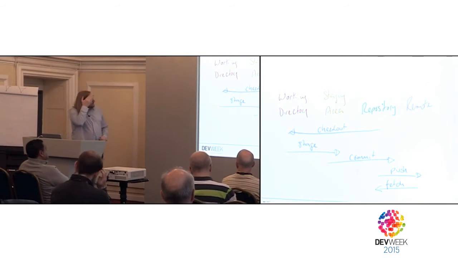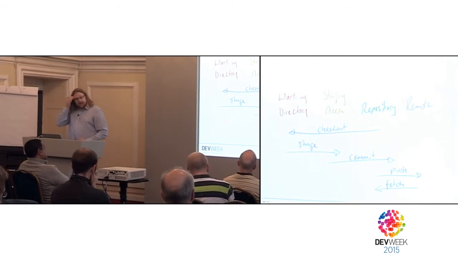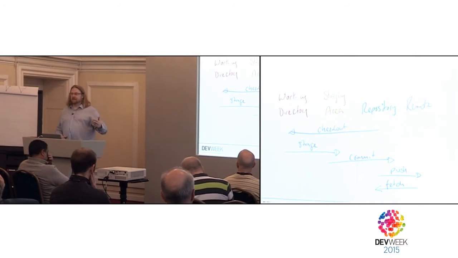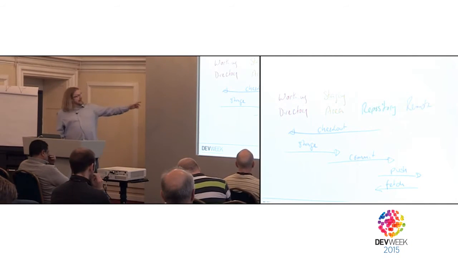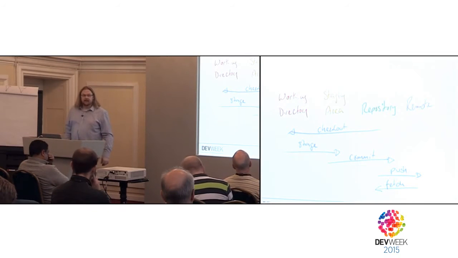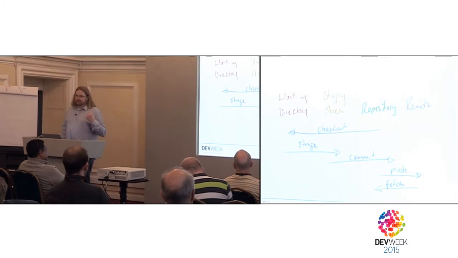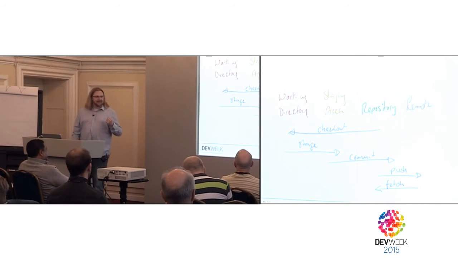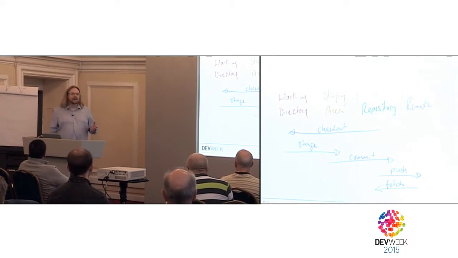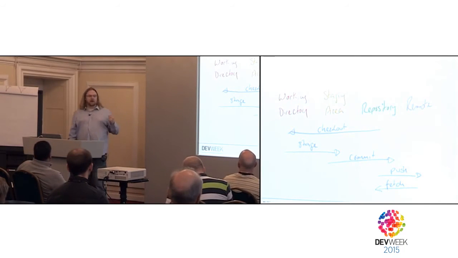So, just quickly going back to this, there's only a couple of things you really need to know from the perspective of working with the remote. Adding to our checkout, stage, and commit, we now just need to be able to push and fetch or pull. I try not to pull, because I think that's a shortcut. Can you explain the difference? Yes. So a pull will modify your working directory.